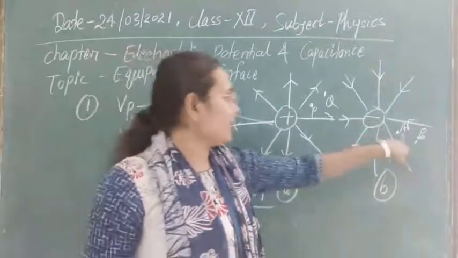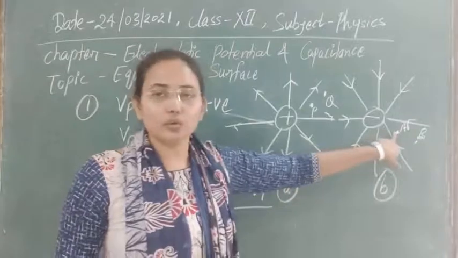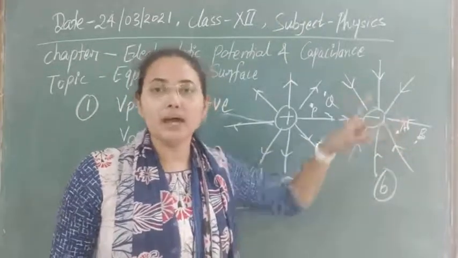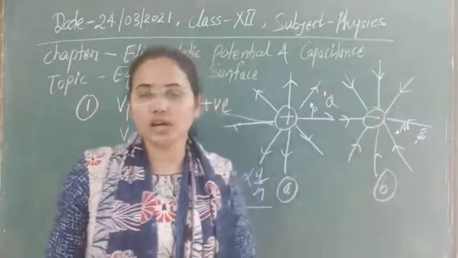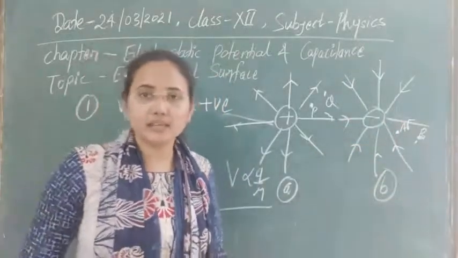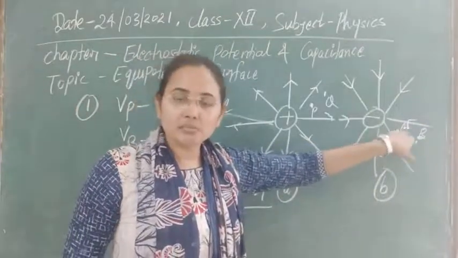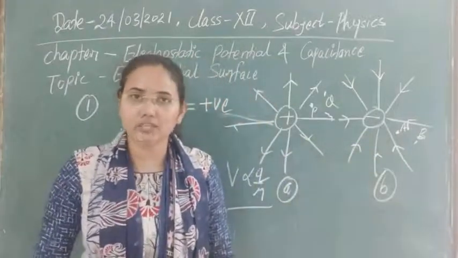So from the formula, the value at A is going to be less, meaning greater negative charge gives less potential. Hence the potential will be greater at the farther point in the case of negative charges.